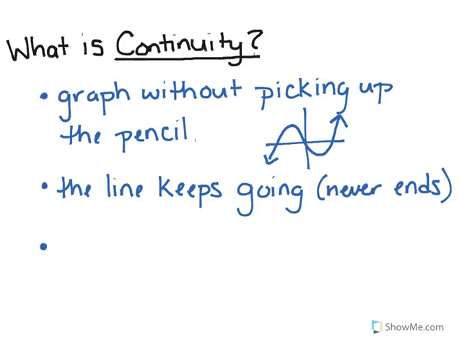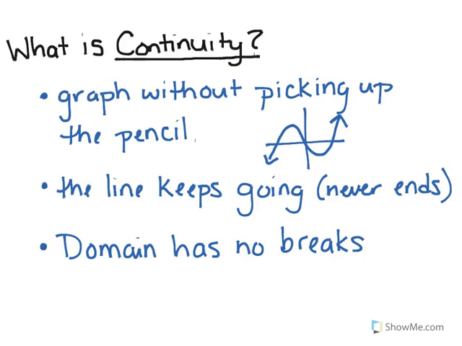Think about a polynomial again. What's the domain of a polynomial? That domain is all real numbers. So for a function to be continuous, that means the domain has no breaks in it. So these are just a few things that you might think of when you think of continuity.